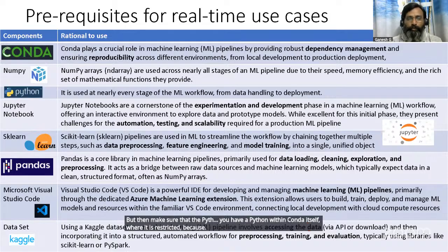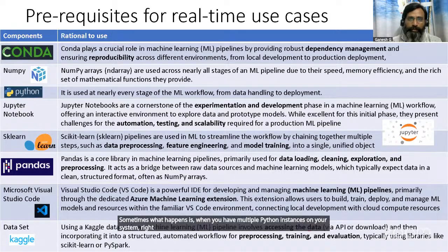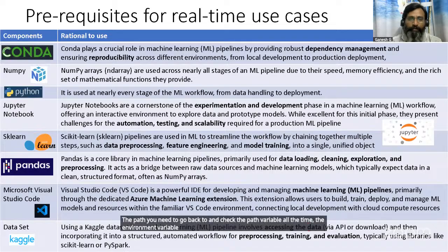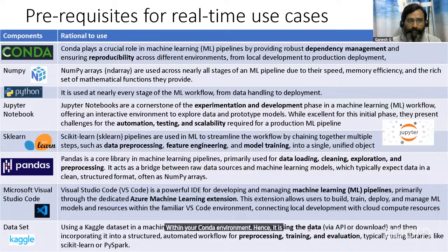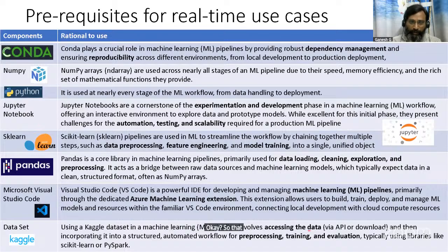Because sometimes when you have multiple Python instances on your system, when you are executing, you need to keep checking the path variable, the environment variable, to see which particular Python it is executing, because the binding operations need to be performed within your Conda environment. Hence, it is advisable that you have Python separately deployed within your Conda environment itself. That way, whatever activities you are doing, you have a single packaged solution that you can refer to.